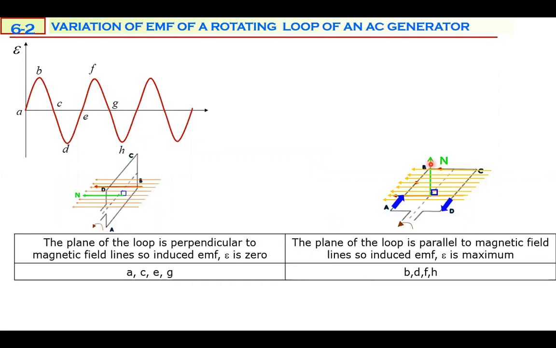But when the rotating loop becomes parallel to the magnetic field lines, the induced EMF gets its maximum value, which is at B, D, F, H.